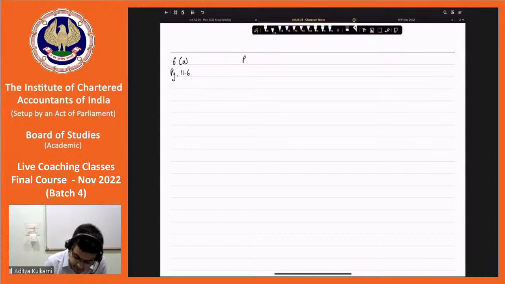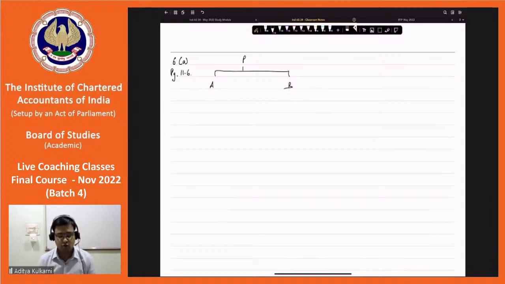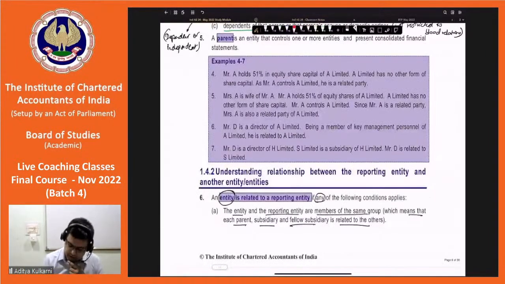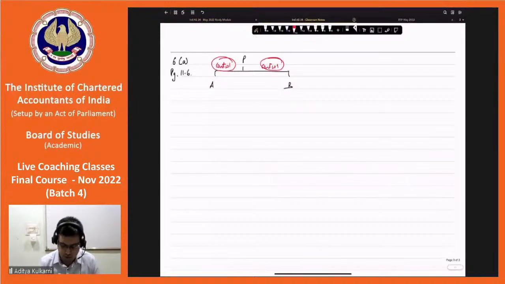Parent has two subsidiaries, A and B. Now, when I talk about subsidiary, it means that there is a control. So what does the clause tell? The entity and the reporting entity are members of the same group. If that is the case, then the entity would be related to the reporting entity.